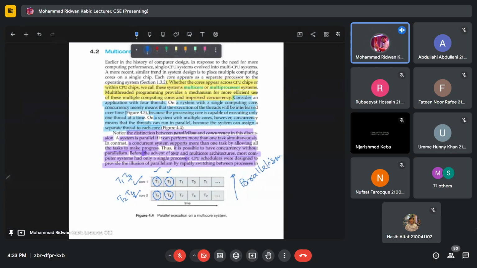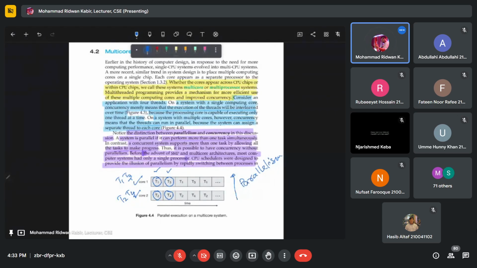But this switching in modern computers happens so fast that the user basically does not get an idea of whether these two processes are running parallelly or concurrently. That means the concurrency of these processes, that is, two processes which progress by the same amount subsequently, not at the same time, subsequently.